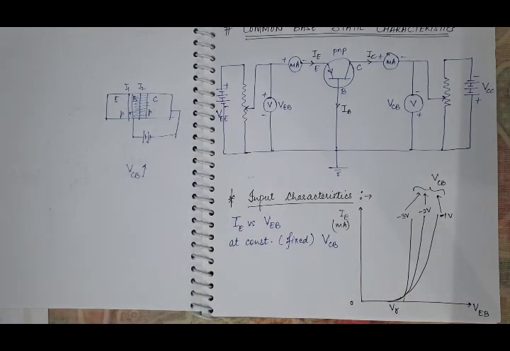And we have already studied in chapter number 3 that the width of depletion layer in any region is inversely proportional to the amount of doping. Means if the amount of doping in any region is small, then the width of depletion layer in that region will be large.